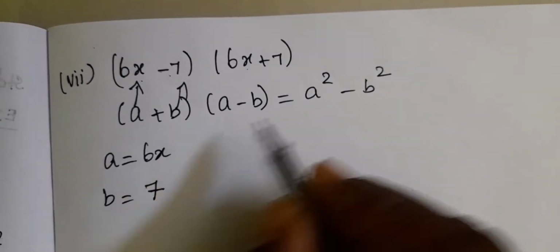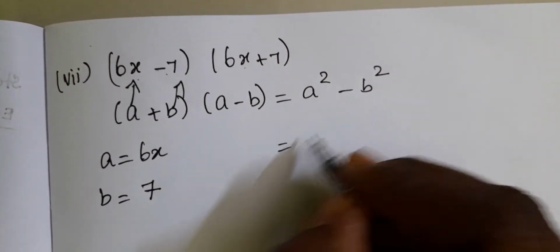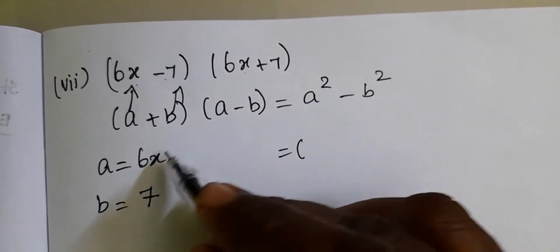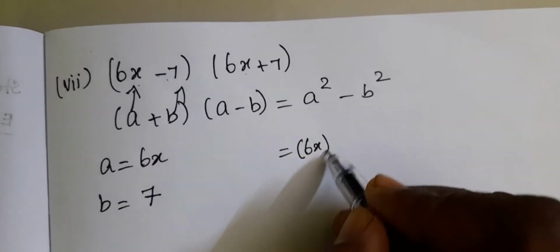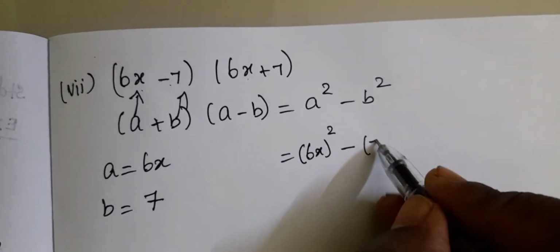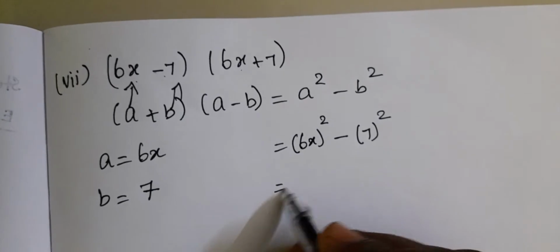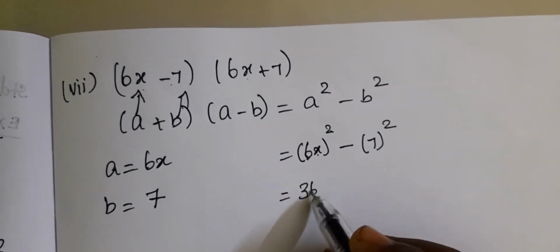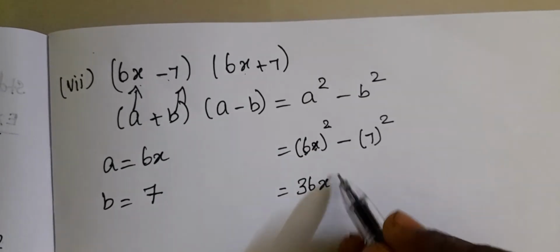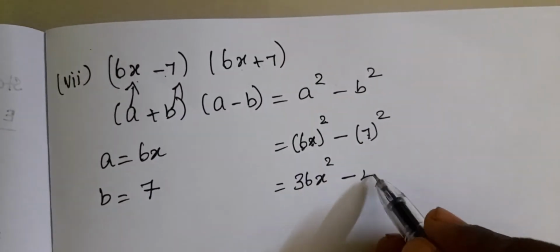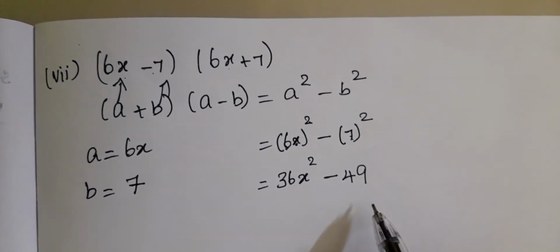These a, b values are going to be substituted in this expansion. a square, a means 6x whole square, minus b square, means 7 whole square. 6x whole square means 6 sixes are 36, x into x is x square, minus 7 square means 7 sevens are 49. That's it.